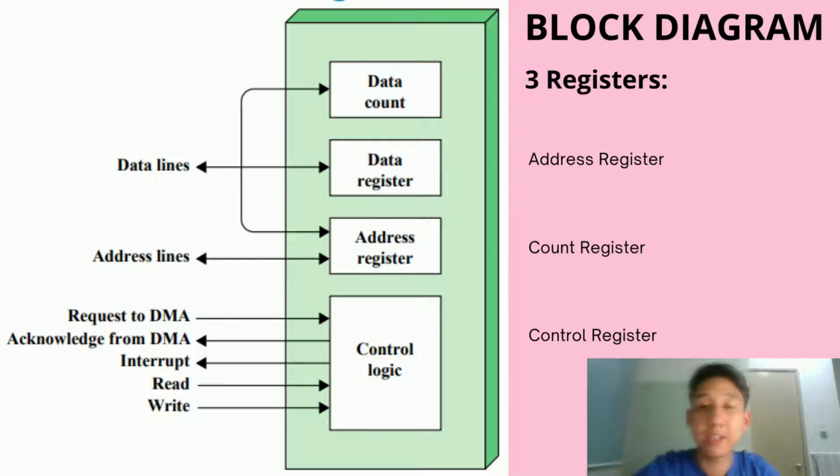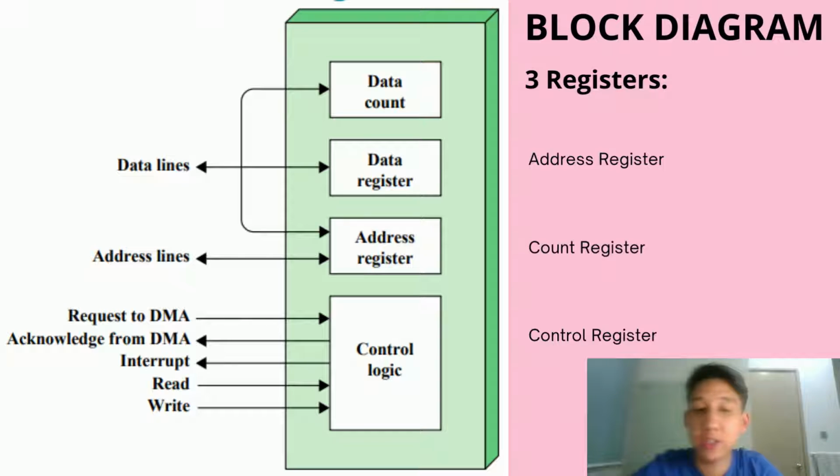This is the block diagram for a DMAC. As you can see, the DMAC, or direct memory access controller, consists of three registers: the address register, the count register, and the control register. The CPU initializes the DMA by sending the following information: the starting address of the memory block where the data is available to read or where data are to be stored to write.